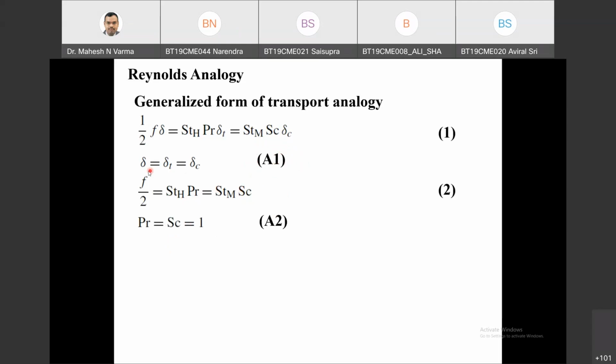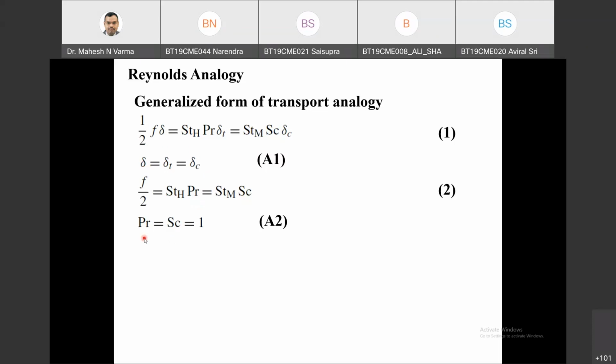So what he observed was delta equals delta T equals delta C. If you want details of how he concluded that, you can go through the research paper of Reynolds, where he gave an analogy for the first time. You will find an almost 15-20 page paper discussing everything, how he concluded delta equals delta T equals delta C. Here we are just taking his conclusion and observation.